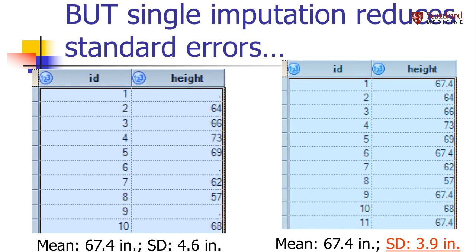When I assign a value of 67.4 to everyone with missing heights, I preserve the mean, but I shrink the standard deviation to 3.9 inches. This is because I've given everybody with missing data the exact same value, so I've reduced the variability. And this is going to affect my standard errors and my p-values.